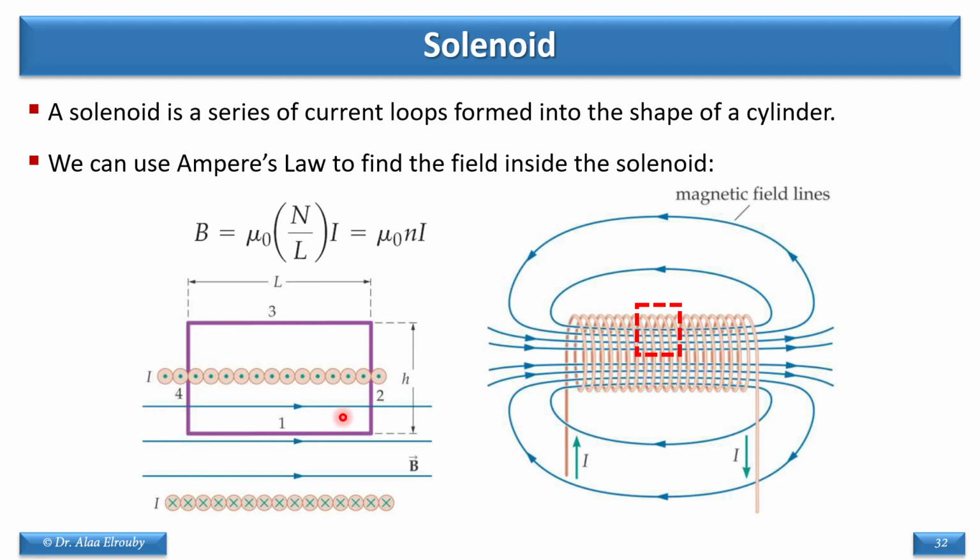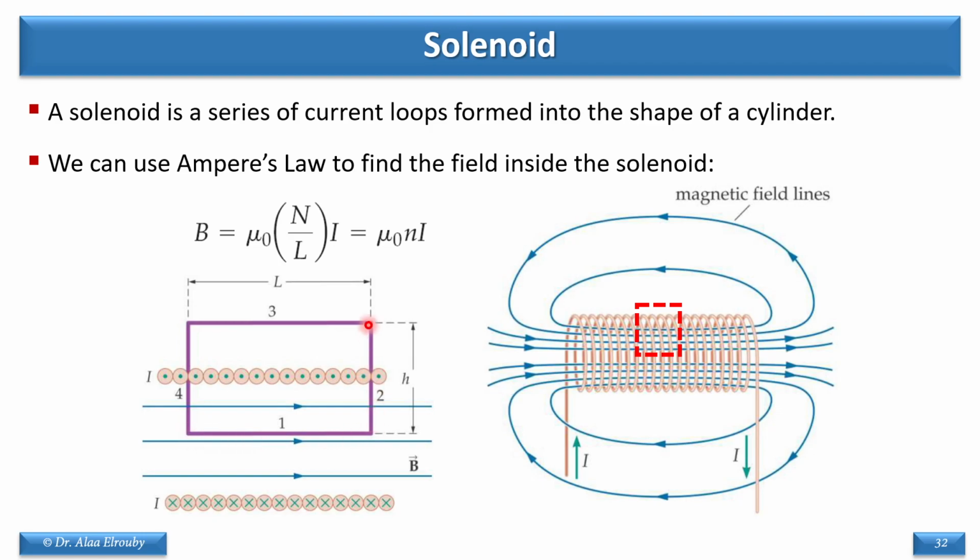We know the field is going this way, in a horizontal direction. We know that there is no field at arm 3 because the loop is closed very far, because it's a long enough solenoid, so we can neglect the field here. B dot dl is perpendicular on arms 2 and 4, so what is left is just B dot dl on this arm.